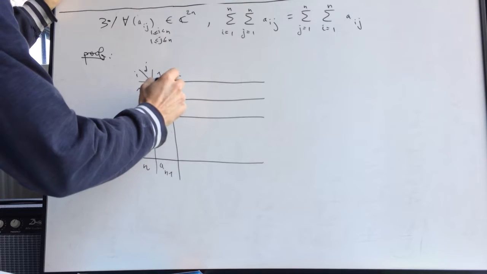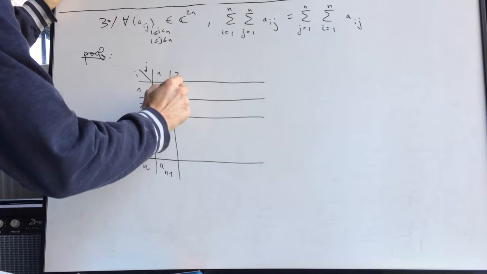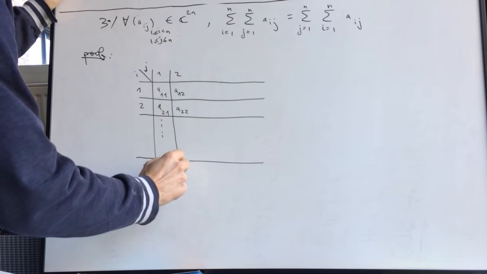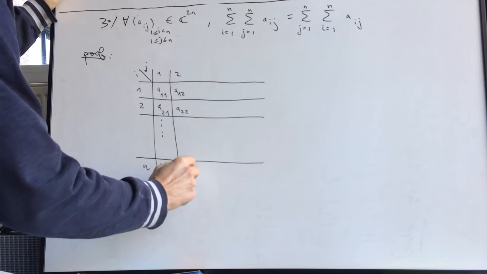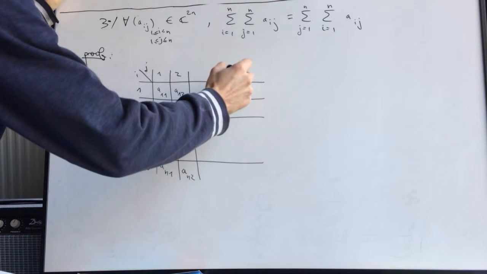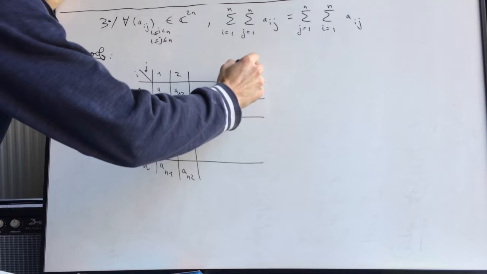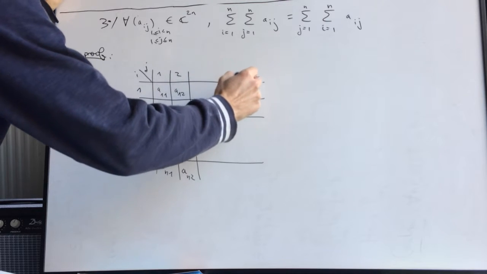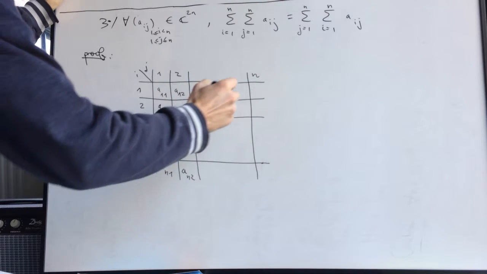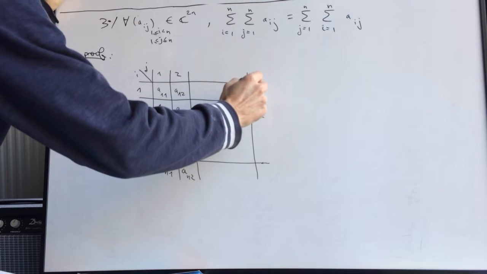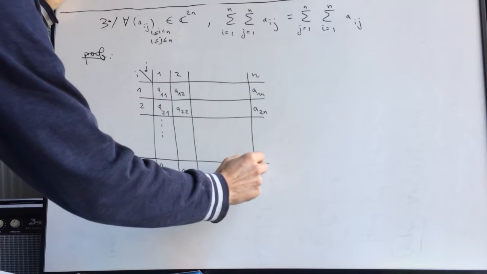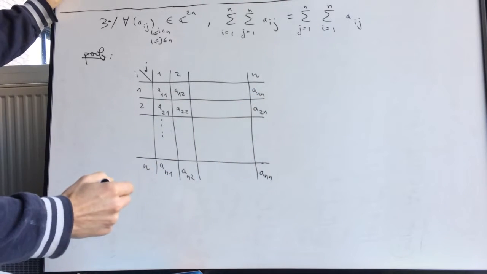Then we have a sub 1,2, a sub 2,2, a sub n2, and so on until j is equal to n. We have a sub 1n, a sub 2n, a sub nn.